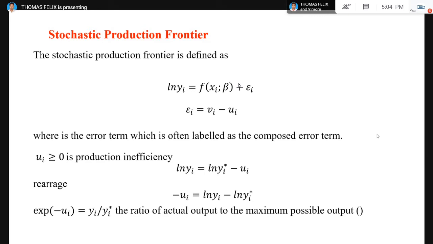While using the econometric approach, usually the econometric function will have a dependent variable, which is a function of independent variables. For example, take a production function. A farmer is cultivating paddy, and usually he will get a certain yield. Yield is dependent on certain inputs like fertilizer, seed, and some other input factors.